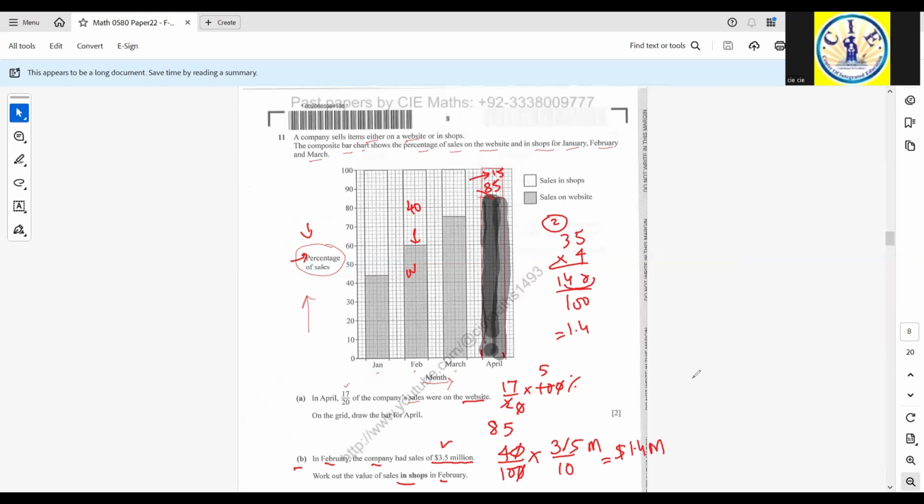Or what else we can do is, for sales in shops, this is 40% of this. So the answer is $1.4 million.